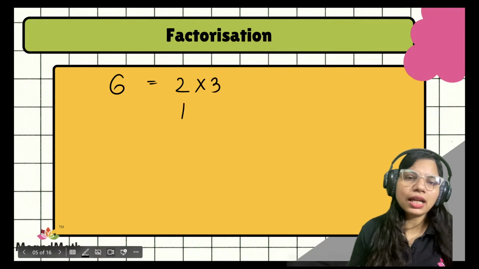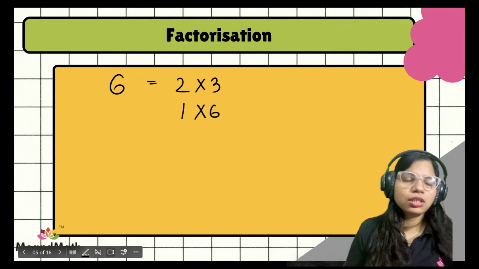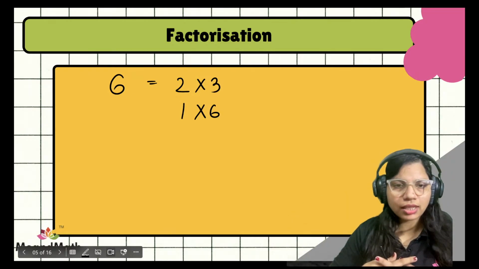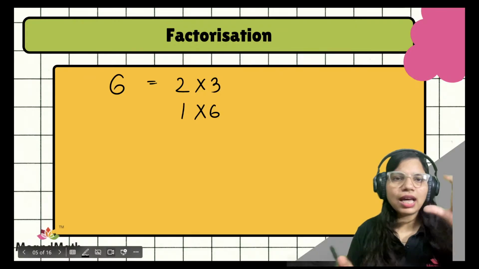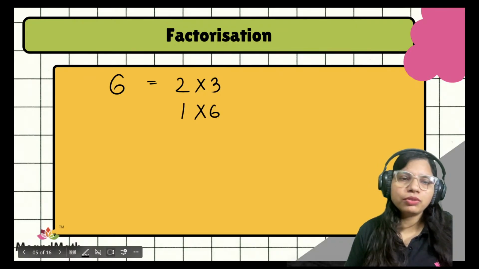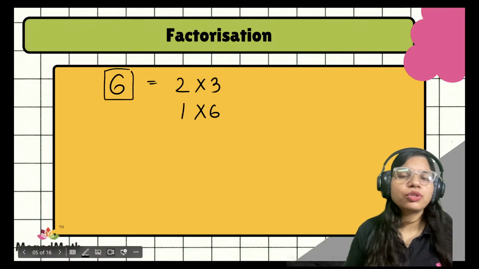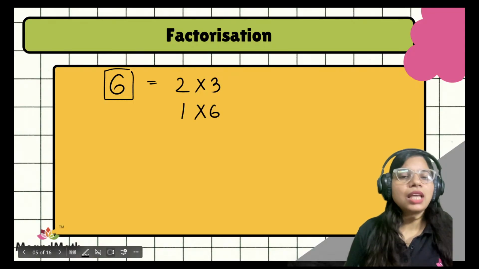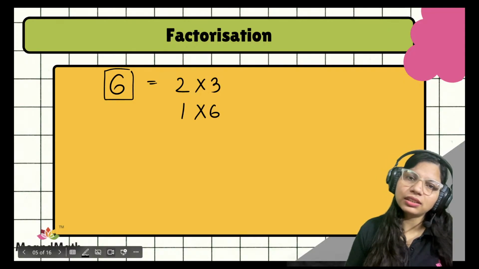It could be 1 and 6. These all are the factors. The factors are the numbers that, when you multiply them together, you get that number itself. So 2 and 3 are the factors of 6 because on multiplying them, you get the same product. Same, 1 and 6 are the factors of 6. Once you multiply them, you get 6.